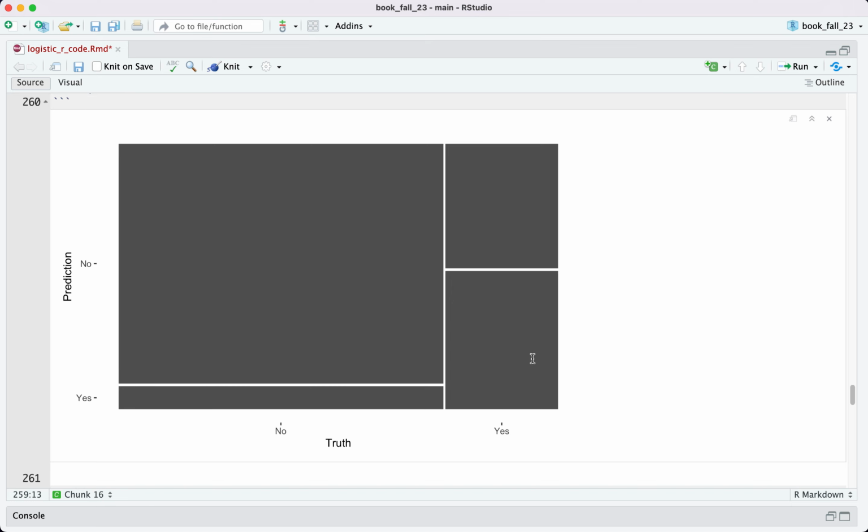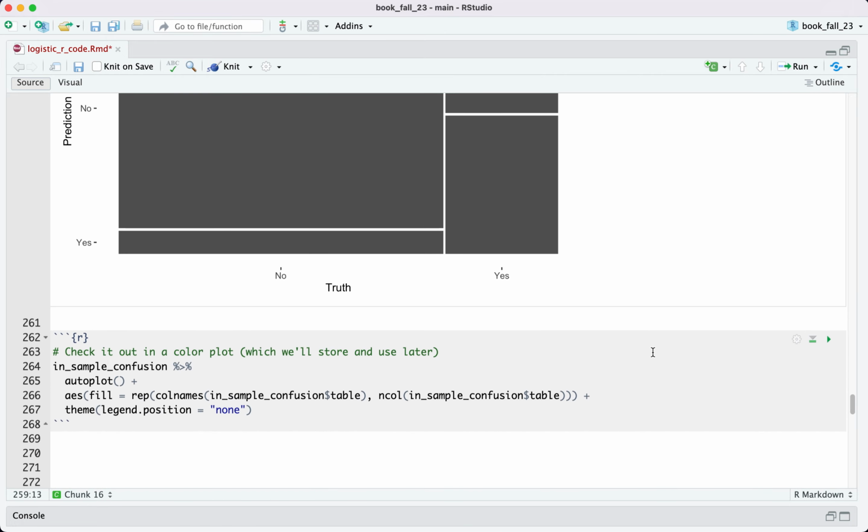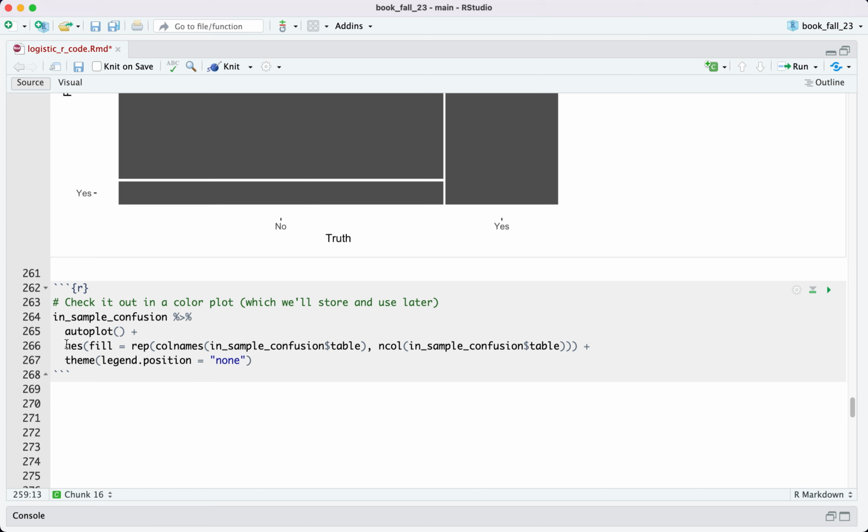To make it a little bit easier to inspect, I'm going to add some color here. The code is a little complicated, so I definitely need to copy and paste it myself. We're not going to store it. Basically, we're just taking that same mosaic plot and filling the 4 boxes in the mosaic plot using the column names in our sample confusion table.